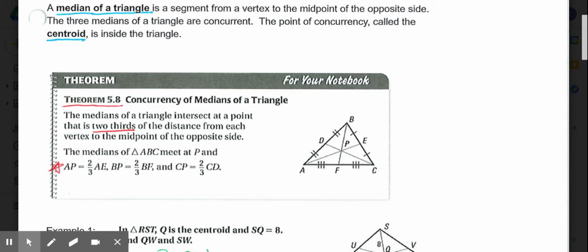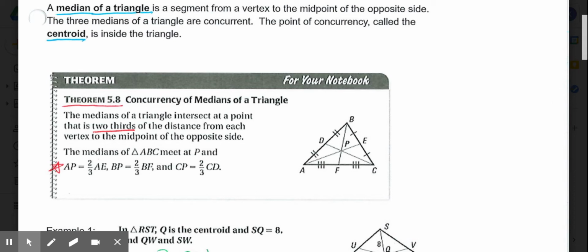So those are three medians. Then we have theorem 5.8 about the concurrency of medians of a triangle. It says the medians of a triangle intersect at a point that is 2/3 of the distance from each vertex to the midpoint of the opposite side.